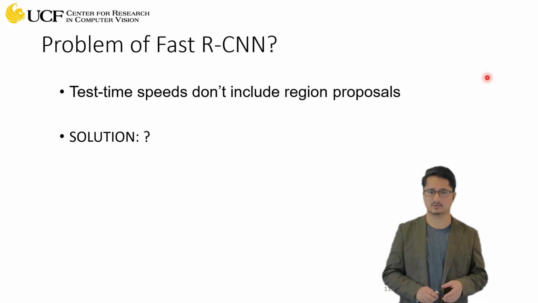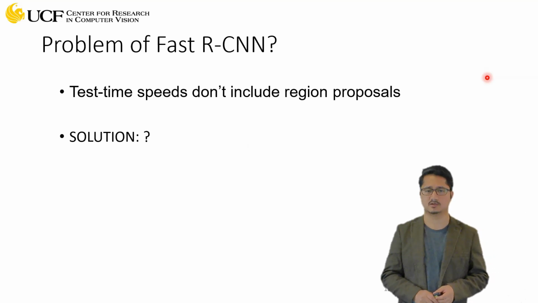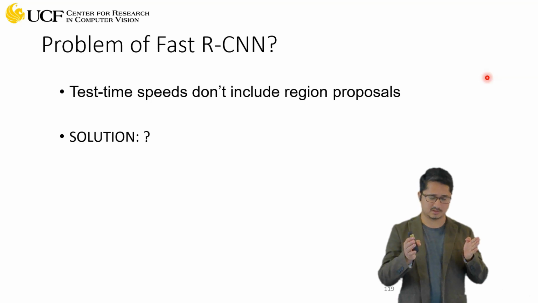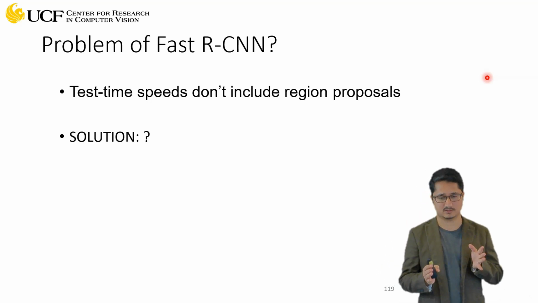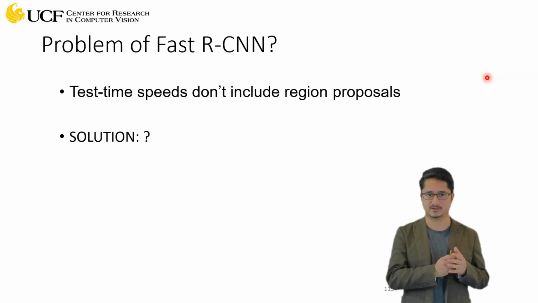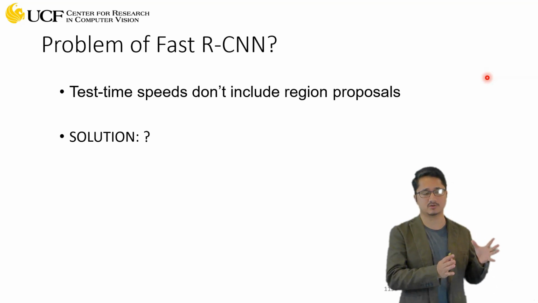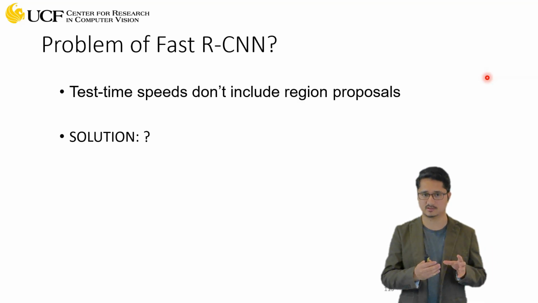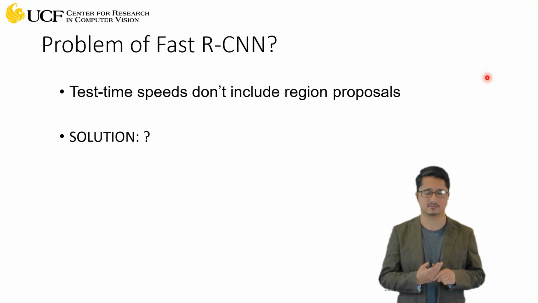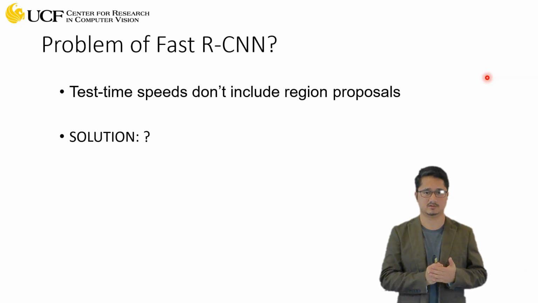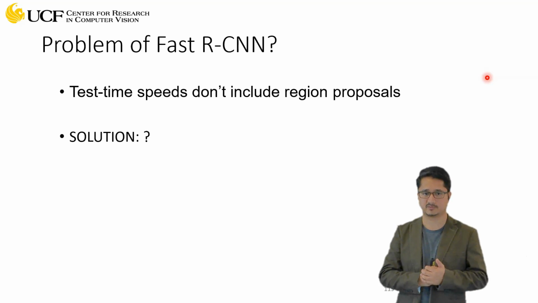I showed you those impressive numbers, right? How fast Fast RCNN was. But if you think about this, even before starting training this model, we need to run some kind of region proposal estimation. It could be selective search or something else. And that requires a lot of time. And those numbers which I showed you didn't include that computation time.